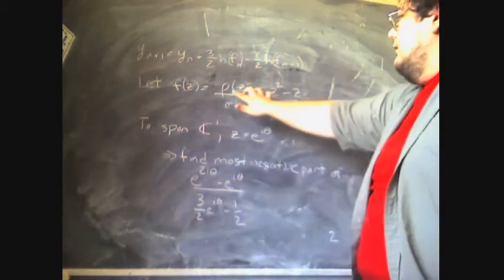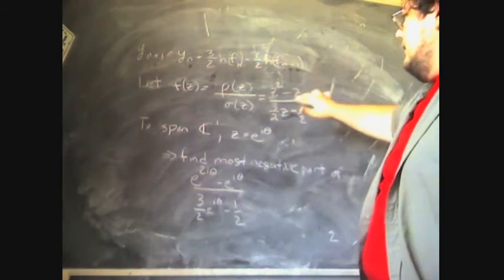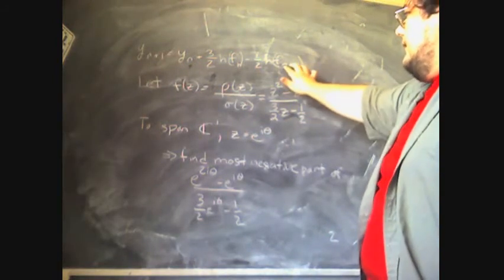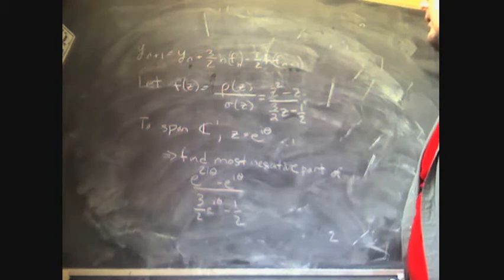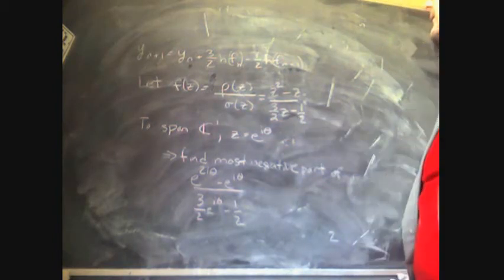So rho of z depends on our yn terms, so we'll have z squared minus z, since we don't have an n minus 1 term. And then sigma will be 3/2 z minus 1/2.